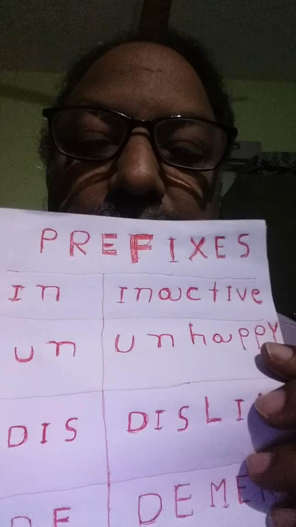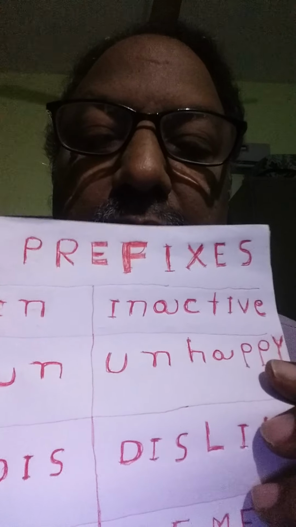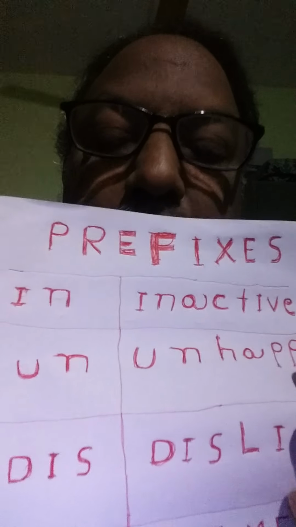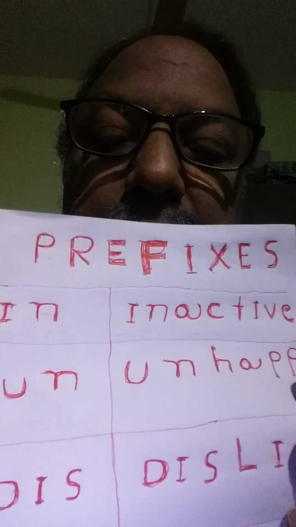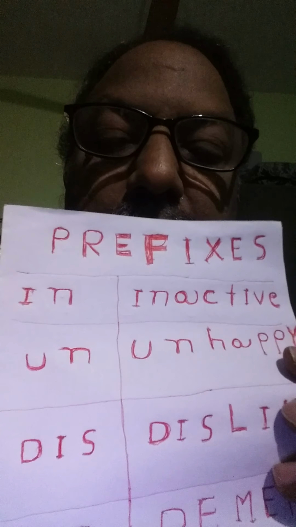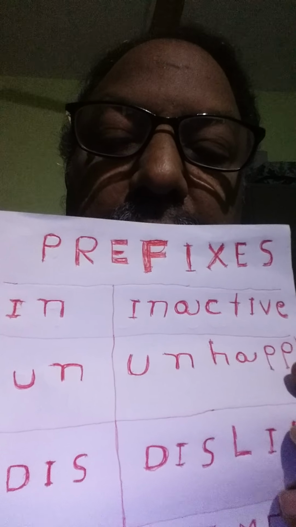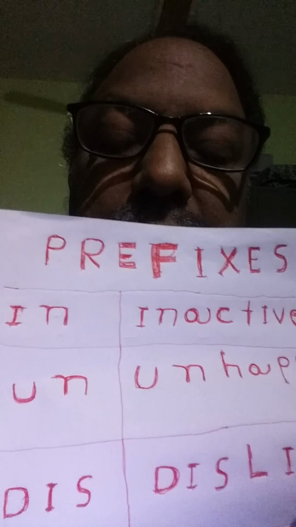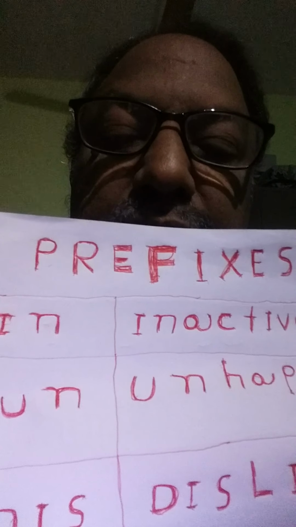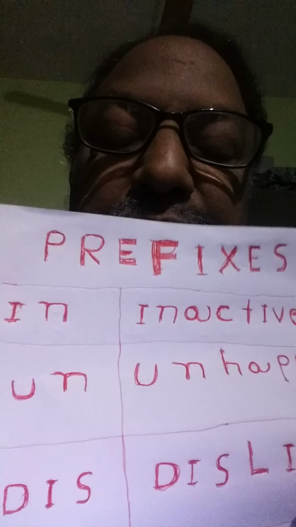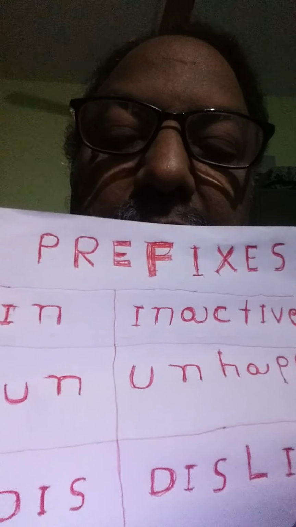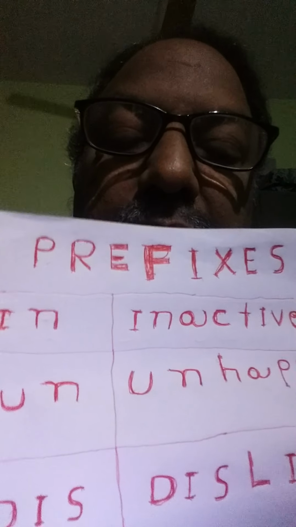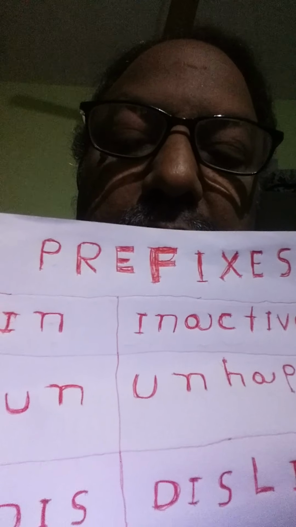This is a process of using prefixes for enhancing one's vocabulary. We can call it a magic box because it improves one's vocabulary immensely. In fact, suffixes and prefixes are called affixes because they fix something to the root word.